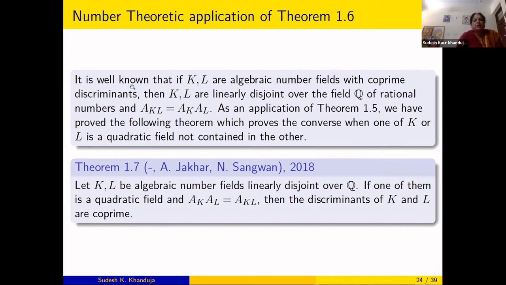Now, in number theory, we teach in the first course in algebraic number theory that if K and L are algebraic number fields with co-prime discriminants, then K and L are linearly disjoint over the field Q of rational numbers, and the ring of integers of the composite field KL is the compositum of the rings of integers of the two fields, AK AL.